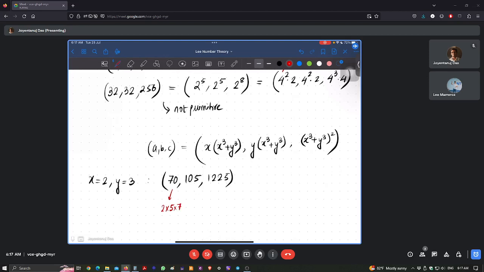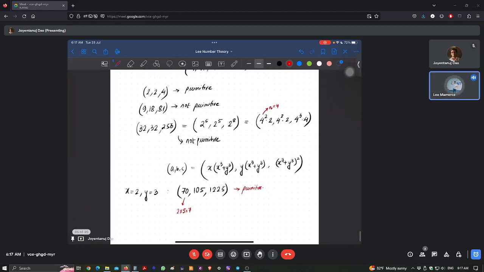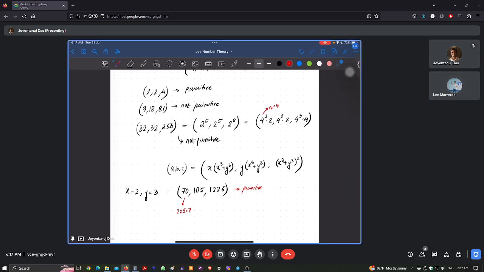So this one is primitive. If only one does not have that, it's already a primitive. What if, let's say, 1225 is n cubed? Yes.